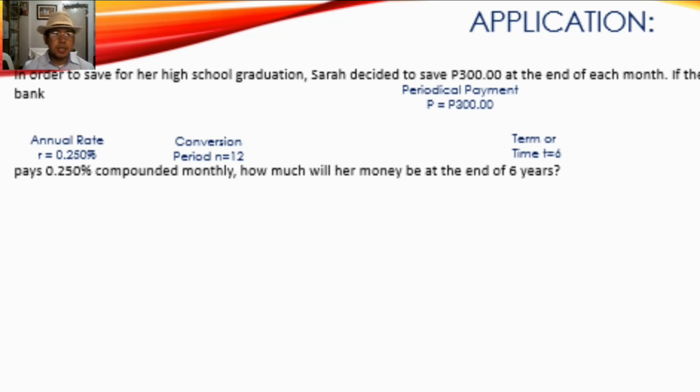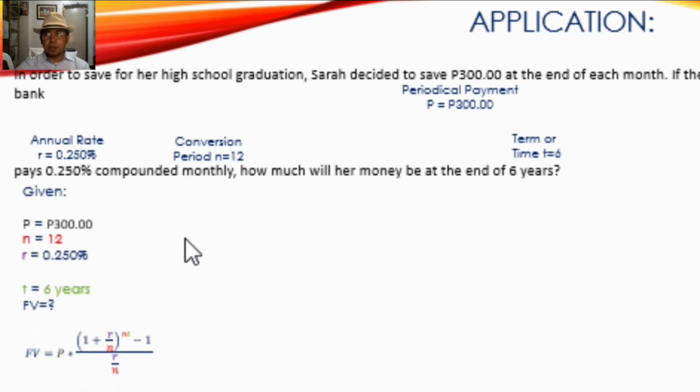Now, in order to solve the problem, get your calculator and try to follow the computation. Of course, before we compute, identify again the given. The given are the following: periodical payment, 300 pesos.